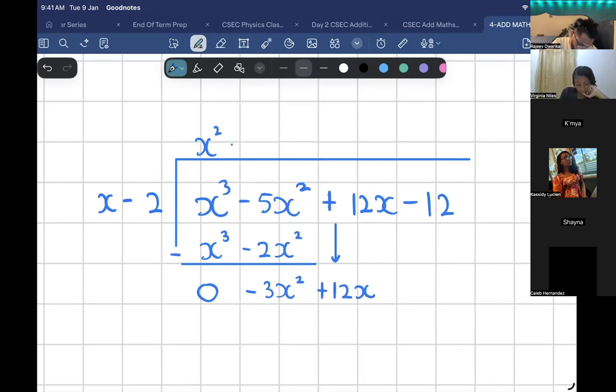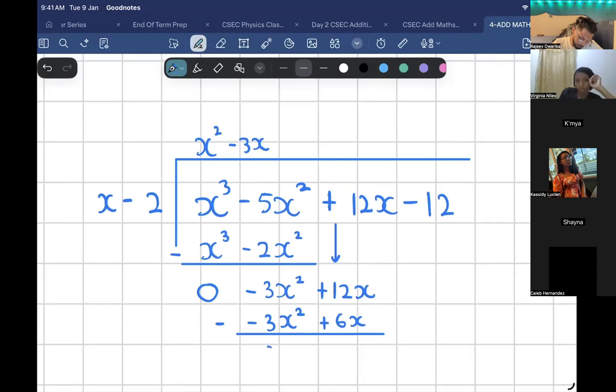And minus 3x squared goes into the x. You're going to have minus 3x. And minus 3x by x is minus 3x squared, minus 3x by minus 2 is plus 6x. Take your time. I think that's the mistake we made last time. Last time we had minus 6 for some weird reason.